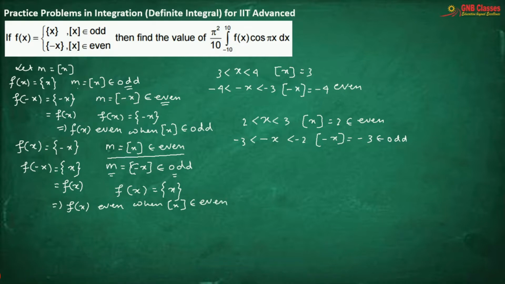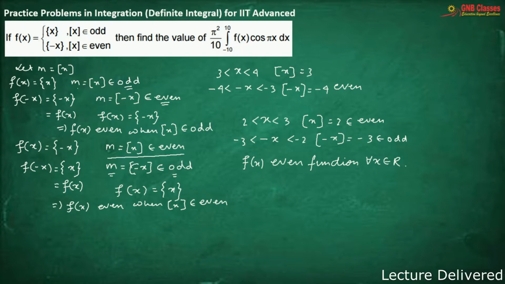Is it clear? Now the conclusion that we can draw is f(x) is an even function in the given domain, for all x belonging to the real numbers. Is it clear to all of you? Have you understood this much?